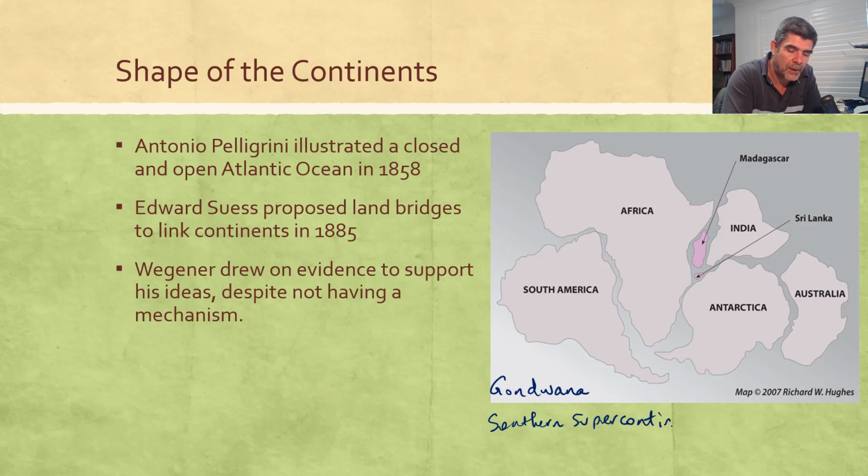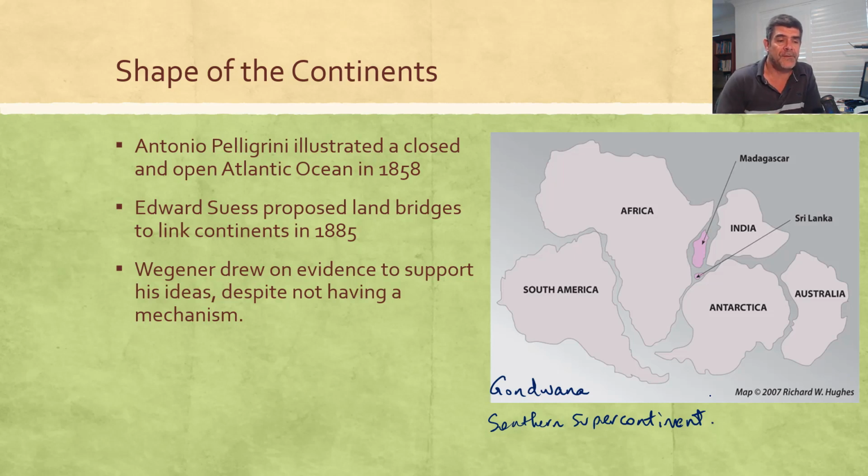So this was a result of the breakup of what we called Pangaea, which is all of the continents originally joined together into a northern group and a southern group, and the southern group included Australia, Antarctica, as well as South America and Africa, and also India and Madagascar. And these are some interesting little additions that we have here. And you can even see Sri Lanka is identified in this particular map.